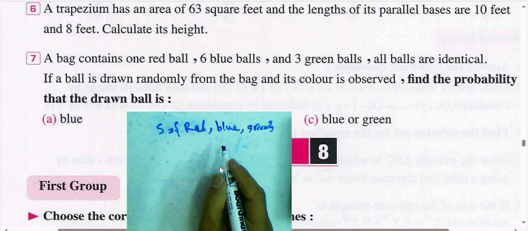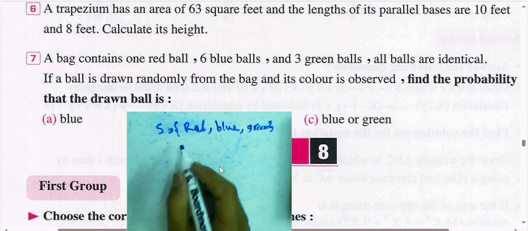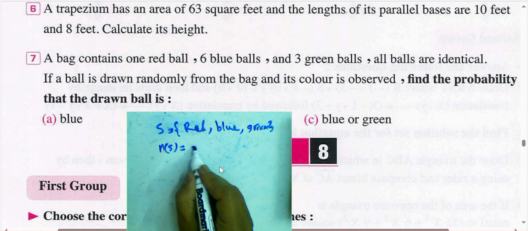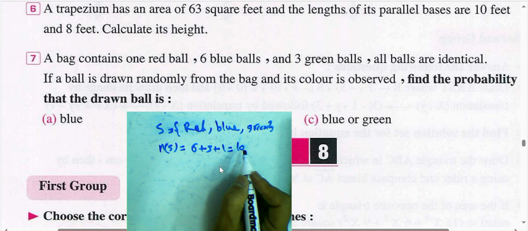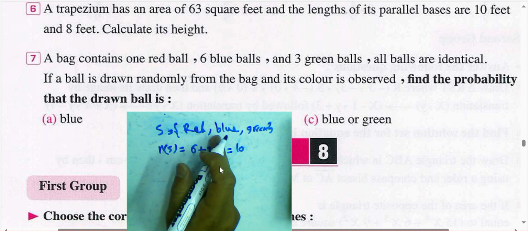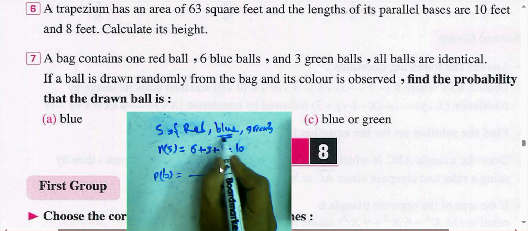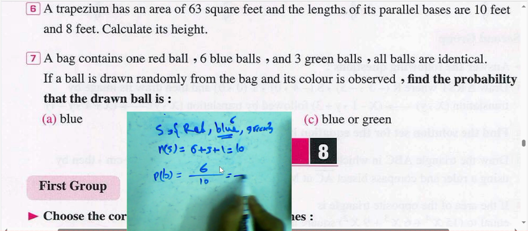First step, in this example, the number of all balls: 6 plus 3 plus 1 equal 10. 10 balls. Then the probability of blue equal number of blue balls, we have 6 over 10. The result will be 3 over 5.